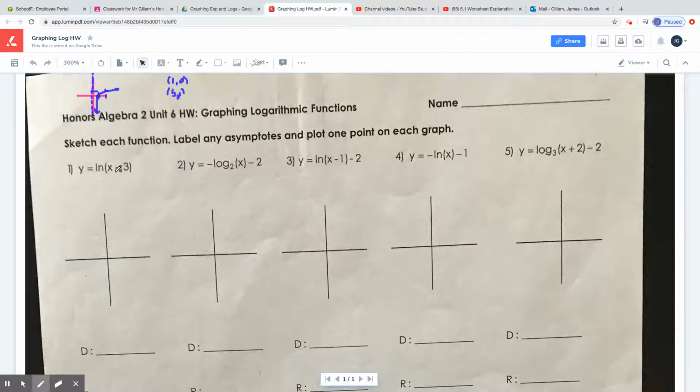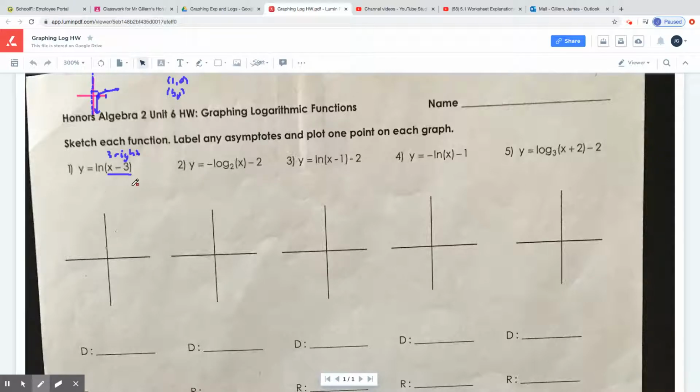So in number 1, the only transformation we have is a number in the parentheses after the log. So this is going to be a horizontal slide. You set this equal to 0. It's a positive 3, so we're going to move it 3 to the right. With exponentials, it was the number out here by itself that moved the asymptote.